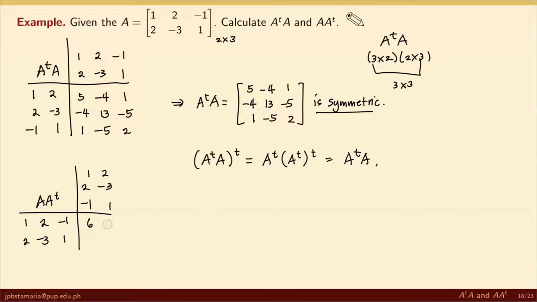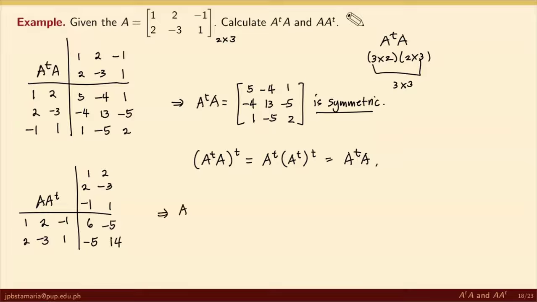Ay, mali. Ano ba? 2 minus 6, negative 4 minus 1, negative 5 pala. Okay, let's do second row, first column, 2 minus 6 minus 1, negative 5 pa rin. Yeah. And then second row, second column, 4 plus 9 plus 1, 14.